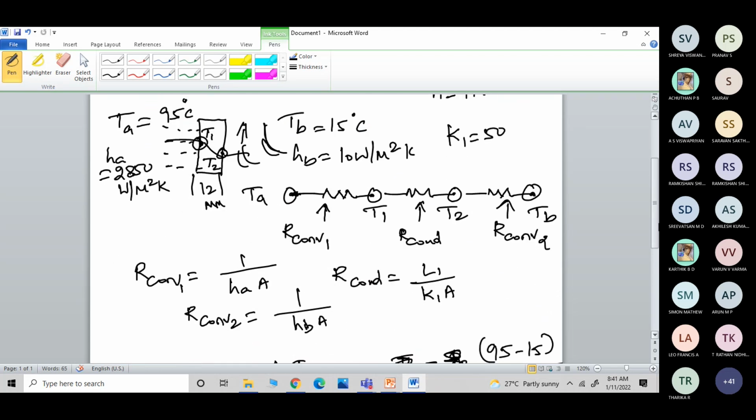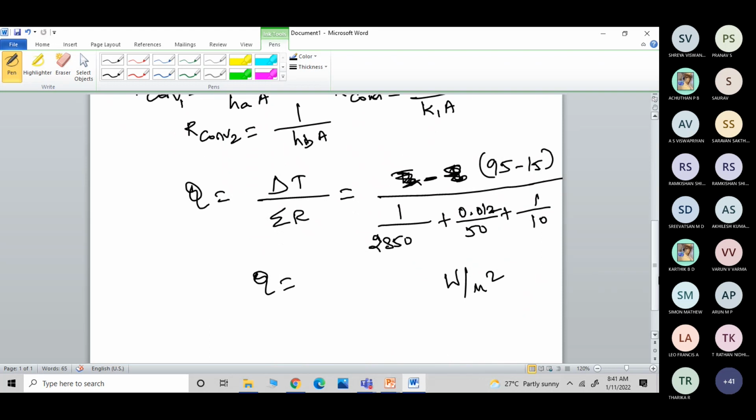Outside temperature is 15. So calculate the heat loss and interface temperatures. How much is it? 795.3. Is it correct, students? Even I'm getting the same value.